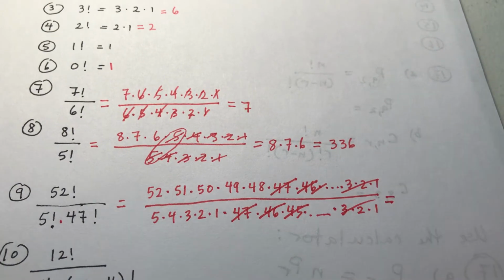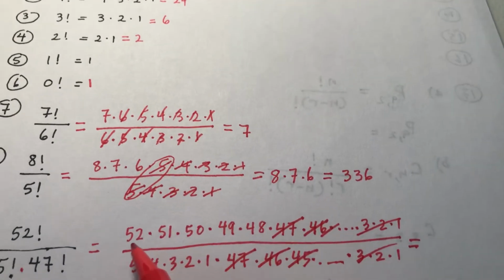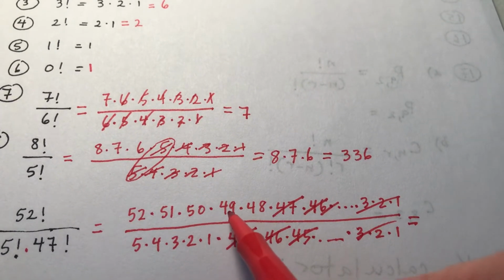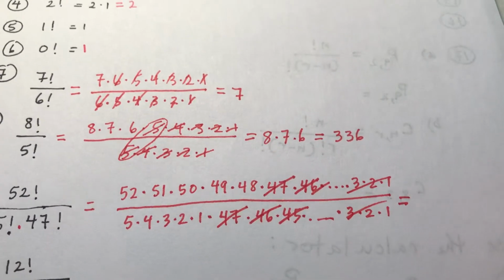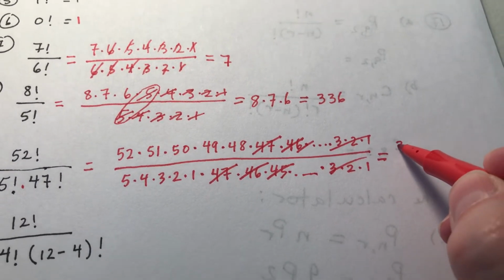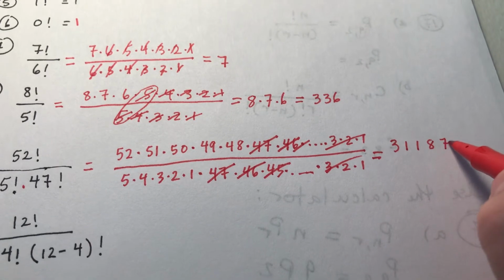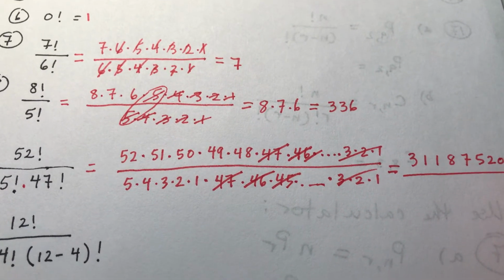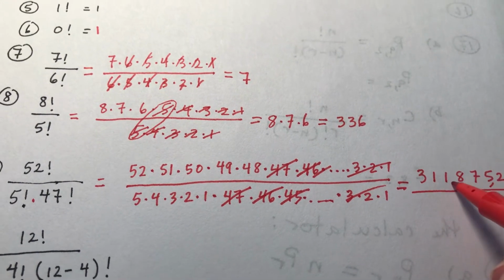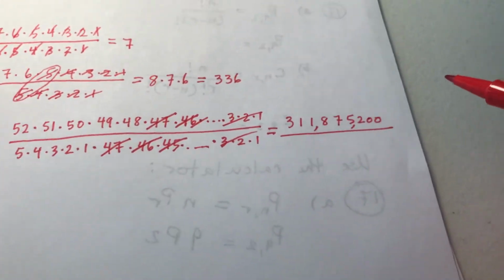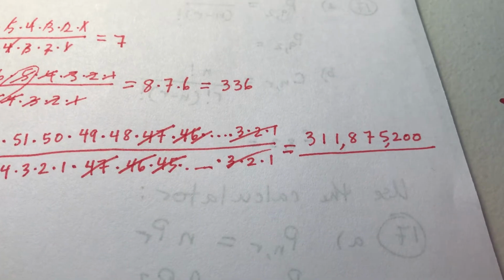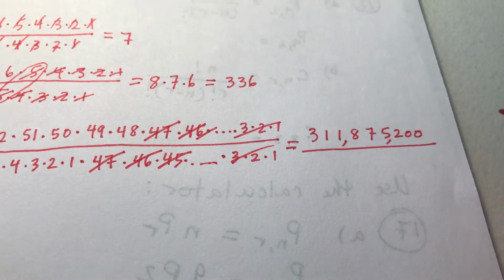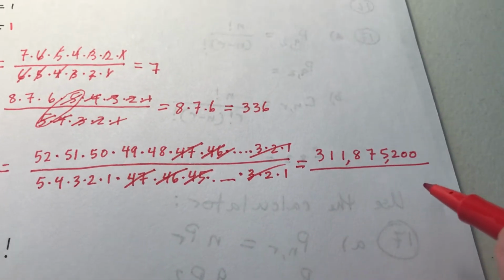So if I look at 52 times 51 times 50 times 49 times 48, I'm going to put that in my calculator, and I'm getting something like 311,875,200. We're talking some huge numbers here. Okay, you don't come across that every day.